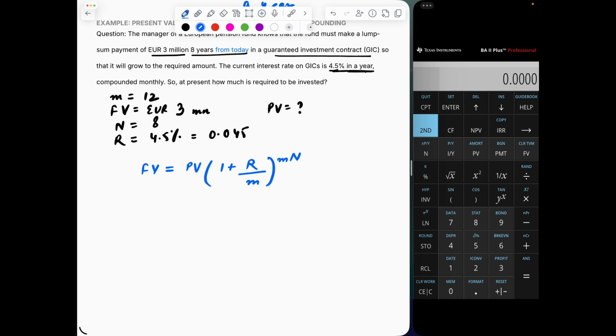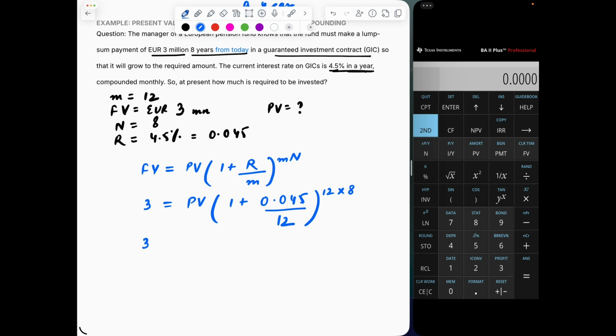Future value is how much? 3 million. 1 plus R is how much? 0.045. This is the interest rate per year. M is 12 because it is monthly. Again, here it is 12. N is 8 years.